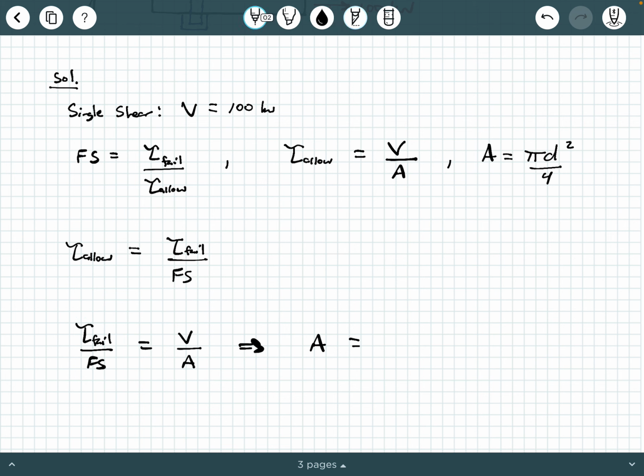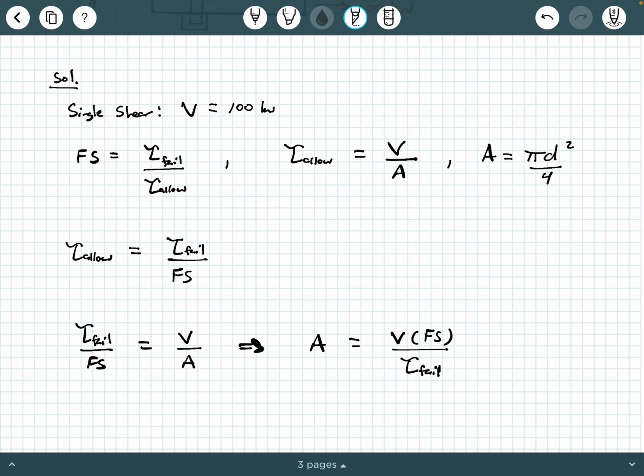So if I just do a little bit of rearranging and solve for A, I'm going to get V times the factor of safety over tau fail, okay? How did I do that? Well, again, I just cross-multiplied this up to the left side of the equation. I cross-multiplied this fraction down here, and I flipped the fraction, okay?